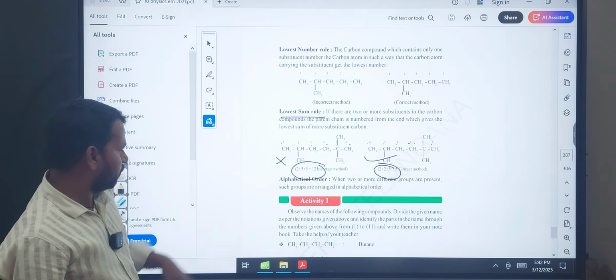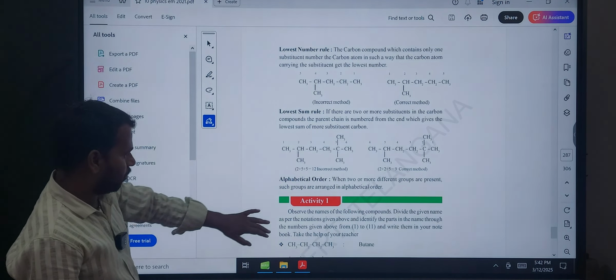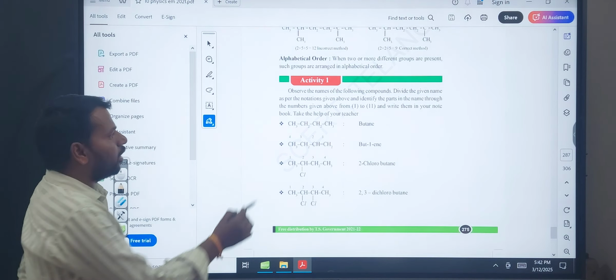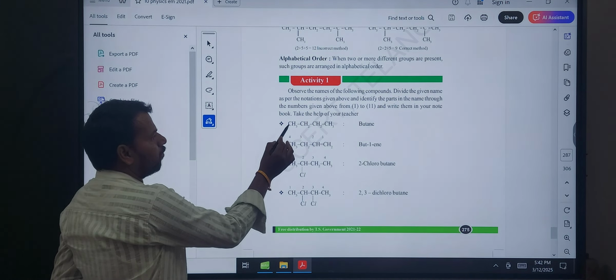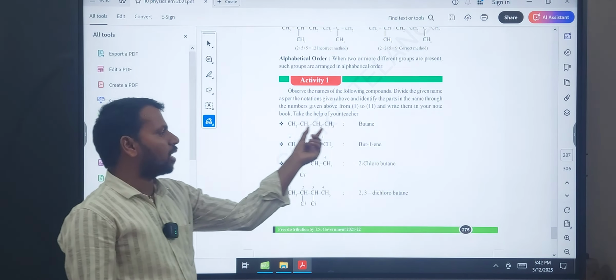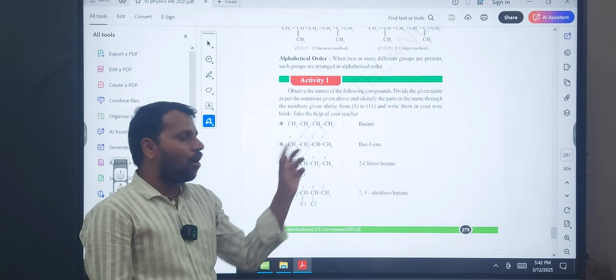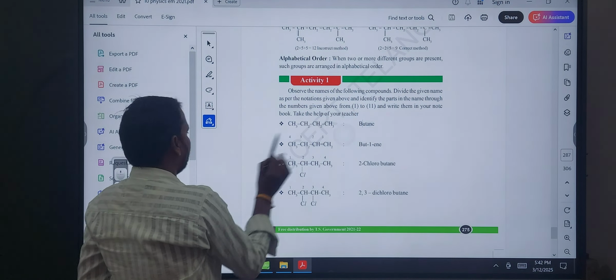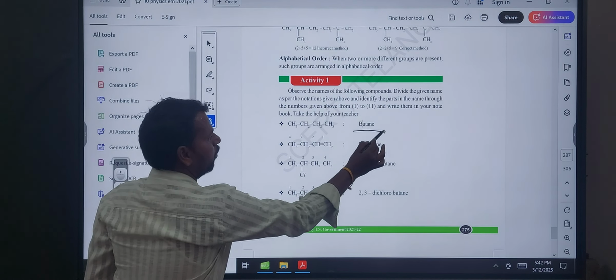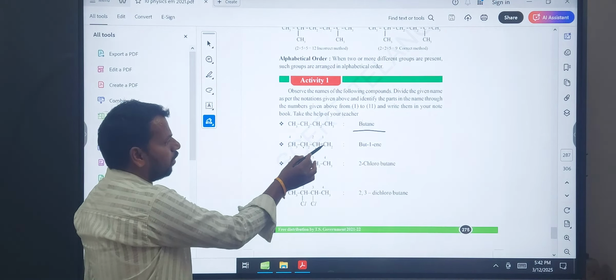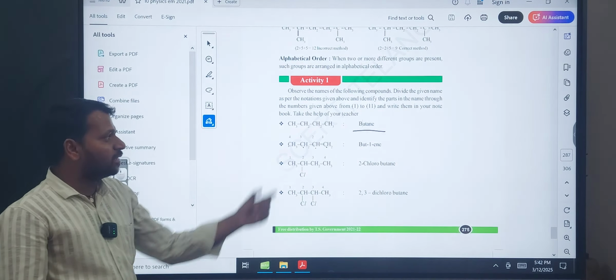Next. Let me see some examples here. What is this? How many carbons are present? 1, 2, 3, 4 carbons are present, all separated by single bonds, so it's an alkane. We should simply write n-butane. Next. It also has 1, 2, 3, 4 carbons, so it's an alkene.